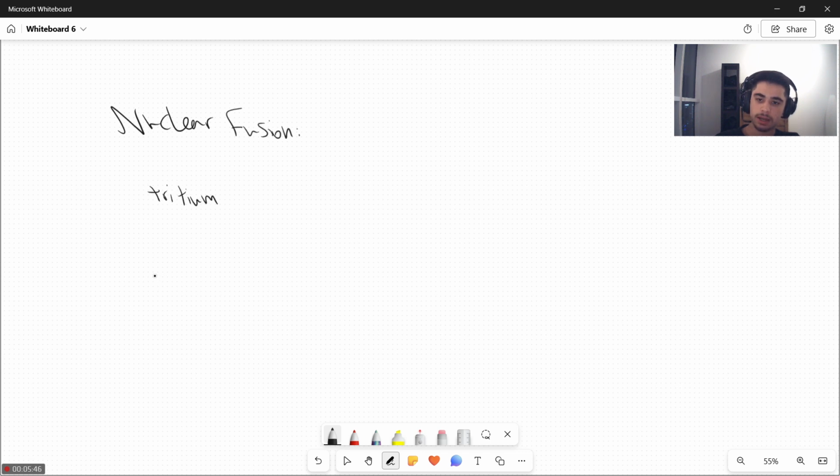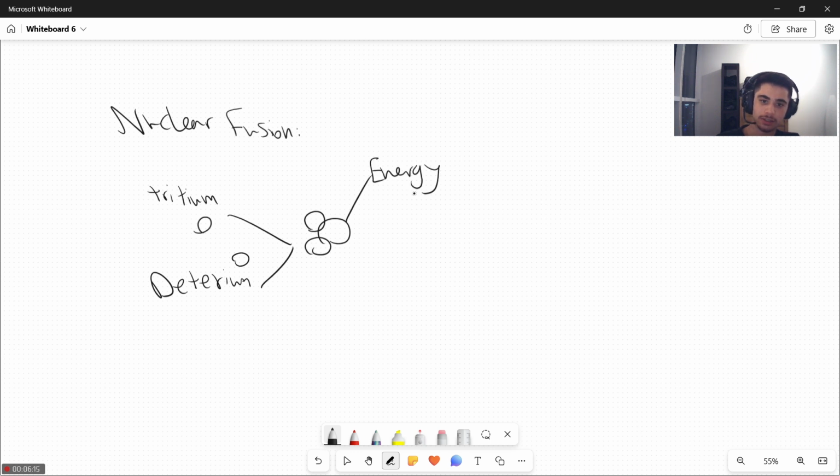In my example, I'll use two isotopes of hydrogen. If you don't know what an isotope is, it's basically another version of a main element, but with a different molar mass. Don't let the names confuse or scare you. We have tritium and deuterium. Not sure if that's how you spell it, but okay. These join together, they assemble, and they create a bigger atom, and this creates a lot of energy, helium, and also a neutron.